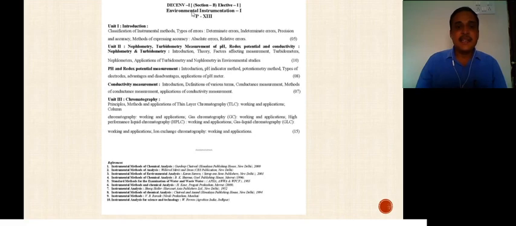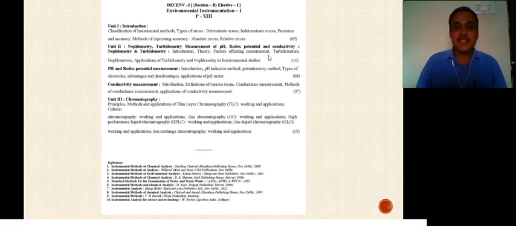Then there is another paper, the Discipline Elective Course of Environmental Science. The elective first paper is Environmental Instrumentation. In the jurisdiction of Swami Ramanand Teerth Marathwada University, in some colleges, this paper is taught. Unit first is the introduction, which has 5 periods.